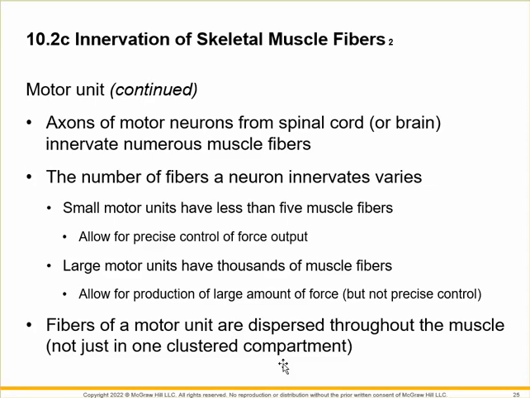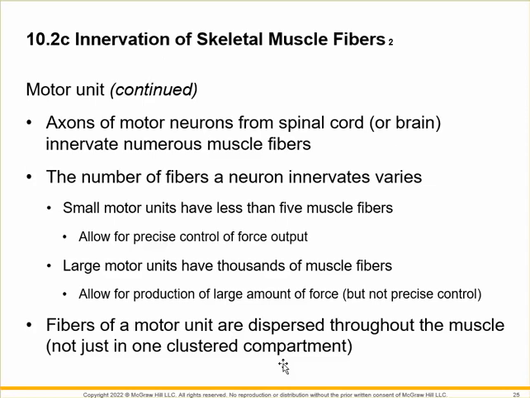For instance, the muscles that move our eyeballs have very small motor units because we can control what we look at very, very finely. The muscles that control your right index finger, if you're right-handed, will have small motor units so that we can control very precisely what's going on. And if we need strength, we just recruit more motor units, right?